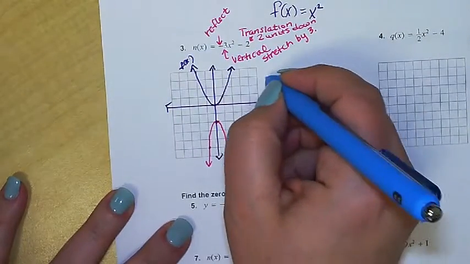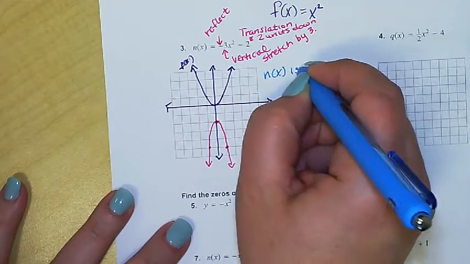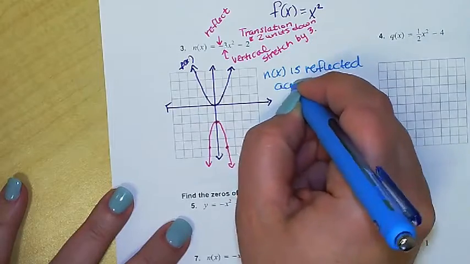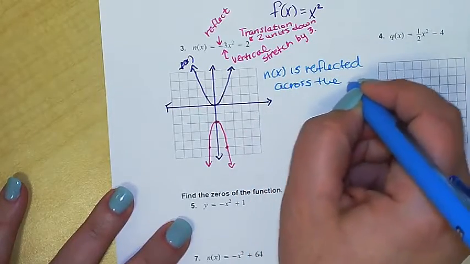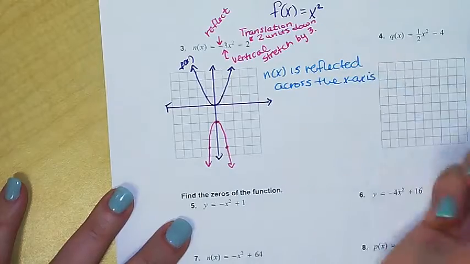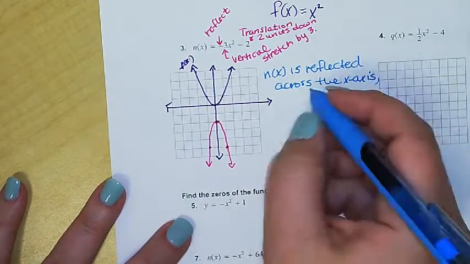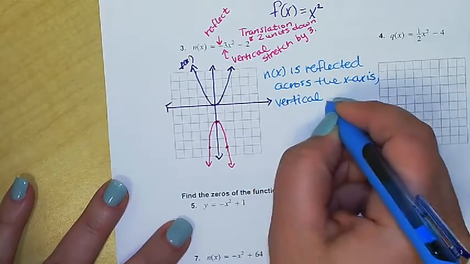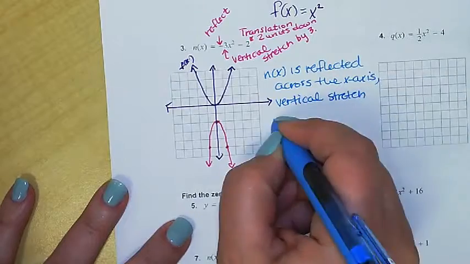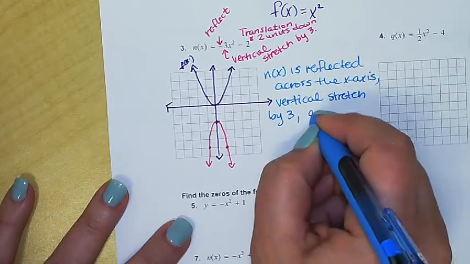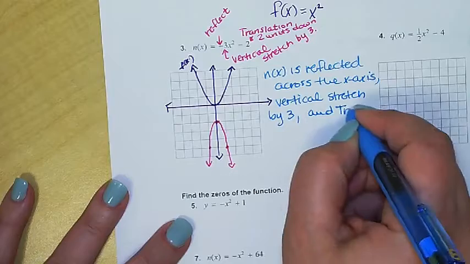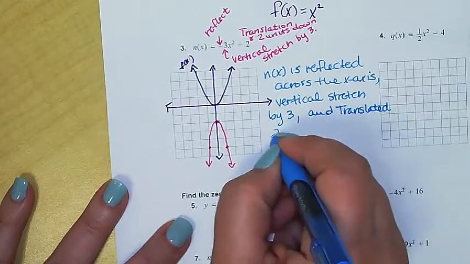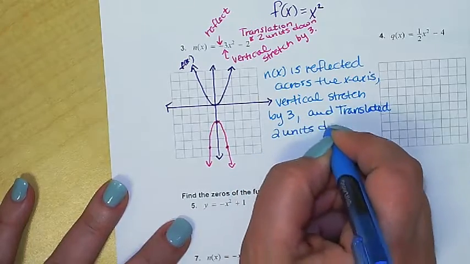I would want you to say that n of x is reflected across the x-axis, comma, and then it is a vertical stretch by 3 and translated, let's see, 2 units down.